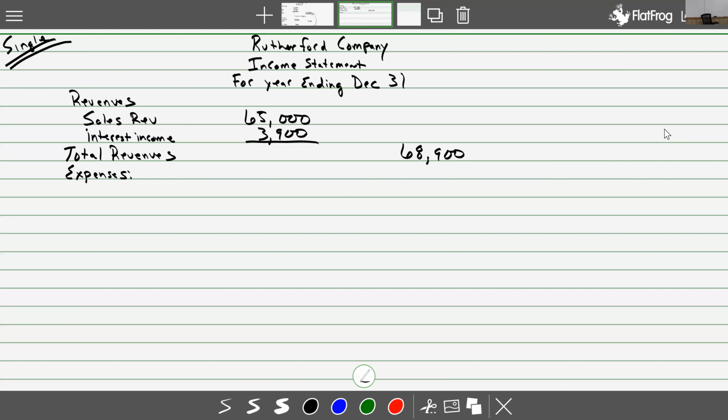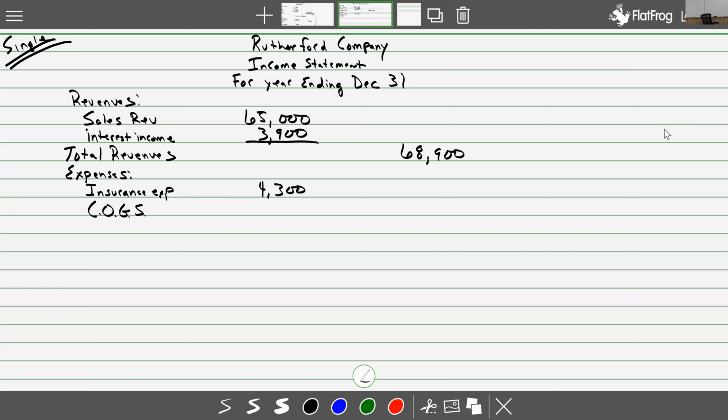Now we start listing our expenses. I'm just gonna go down the line here. We had insurance expense, $4,300. We had cost of goods sold.